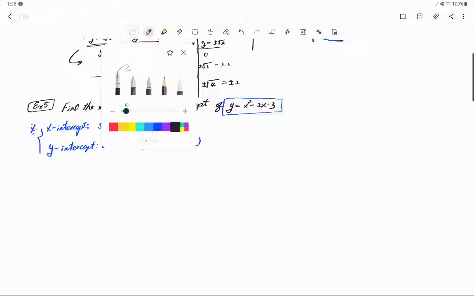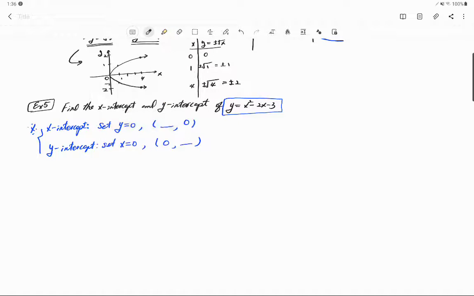From this information, let's find the x-intercept first. This means we set the y value equal to 0. So 0 is equal to x squared minus 2x minus 3. From this trinomial, how do you solve for x? Let's factor the trinomial.